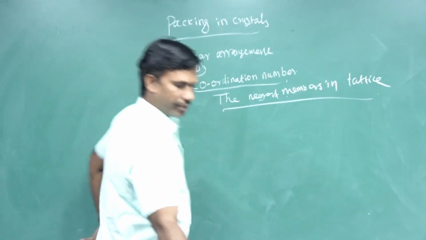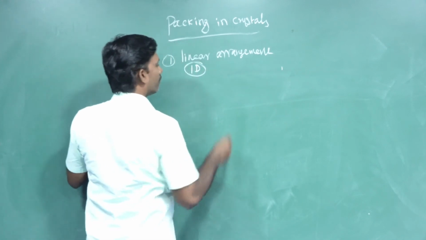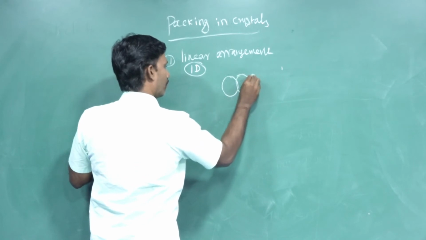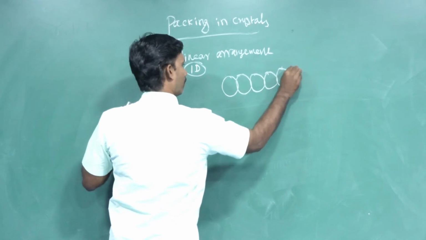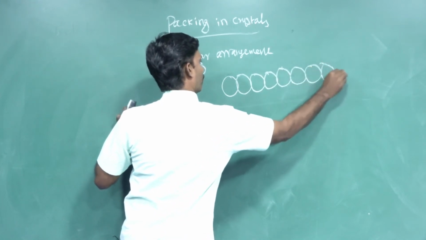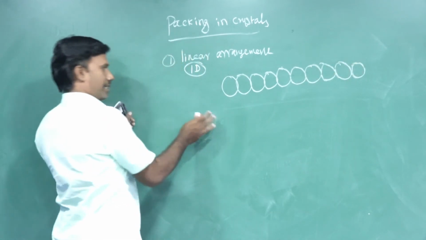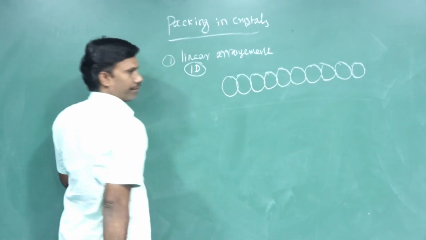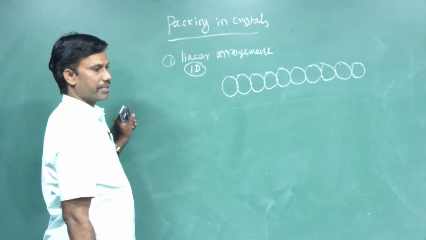you will have a linear arrangement like this. So atoms or ions or molecules are linearly arranged in a lattice. This is called a linear arrangement or one dimensional arrangement.